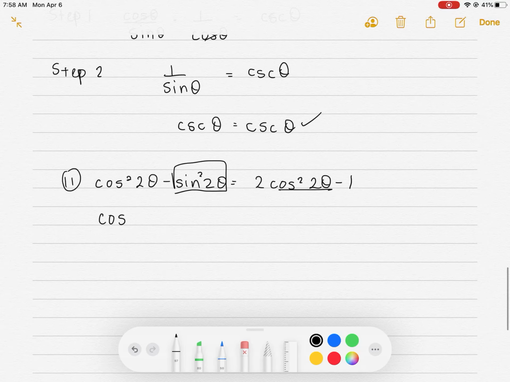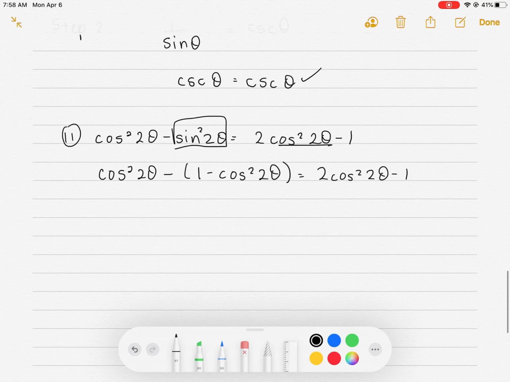So I have cosine squared of 2 theta minus 1 minus cosine squared of 2 theta. I then distribute the negative, and I did have you do that in a step.